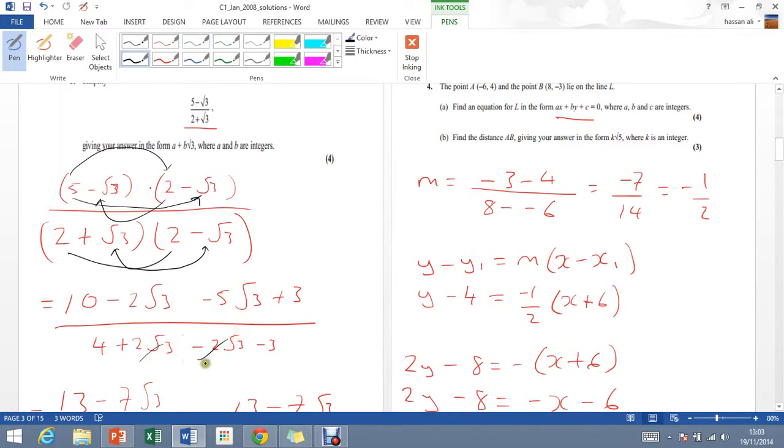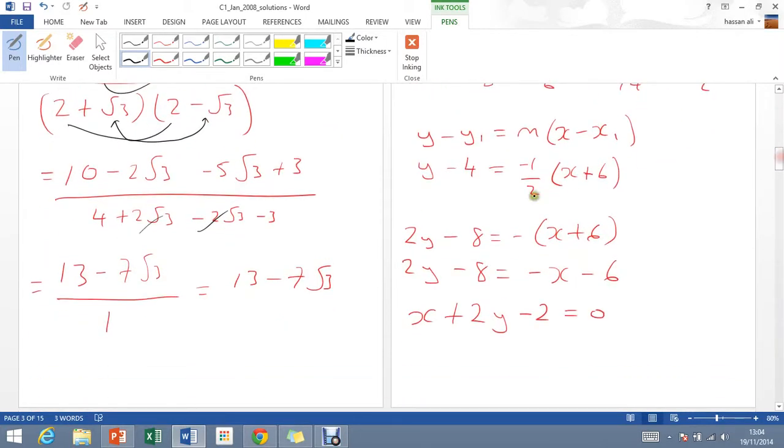Simplifying the top gives you minus 2 root 3 minus 5 root 3, which gives you minus 7 root 3, and 10 plus 3 will give you 13. Then you get 4 minus 3 at the bottom, which is 1, and your final answer is 13 minus 7 root 3.